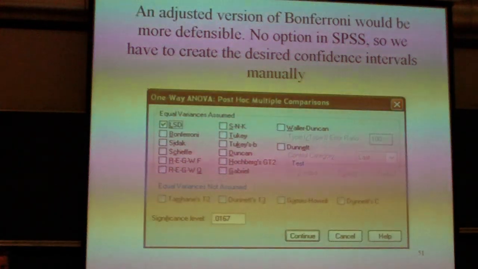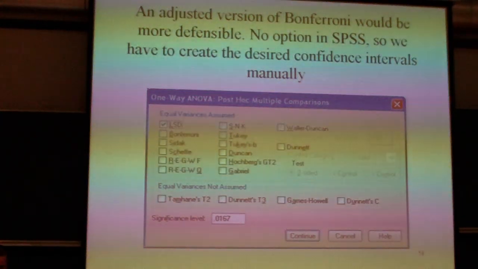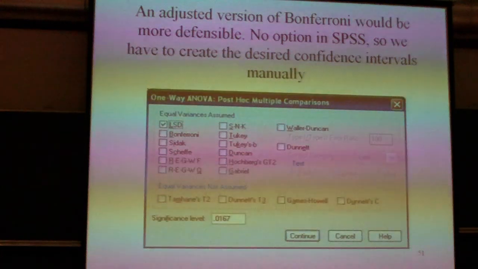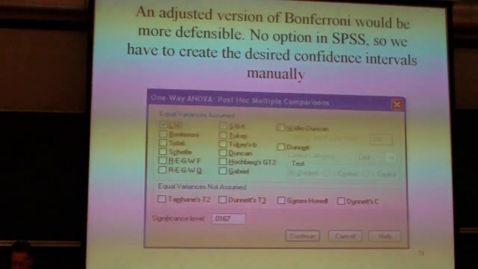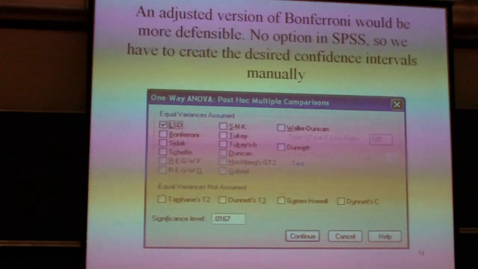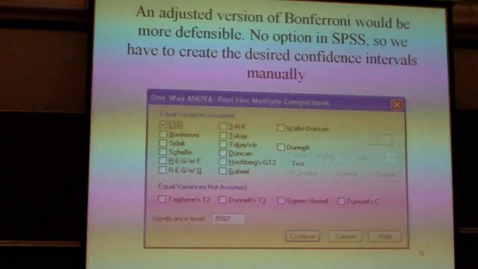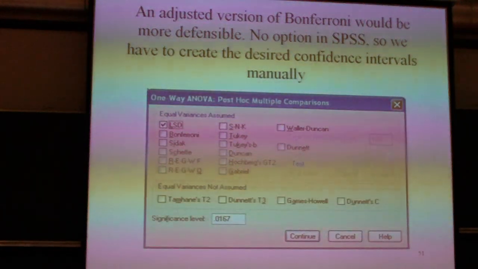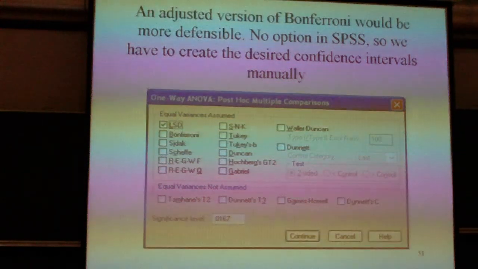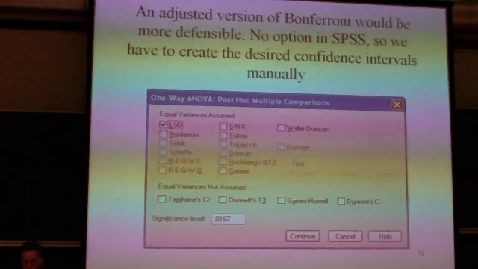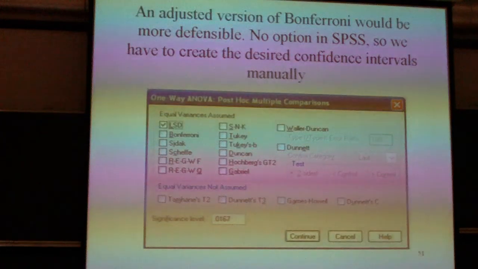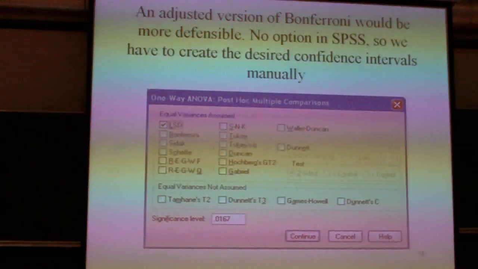Now, obviously, the Bonferroni correction is, well, a bit of an overcorrection, because by first doing the ANOVA test, we've already established that at least one of the population means will be different from the others.